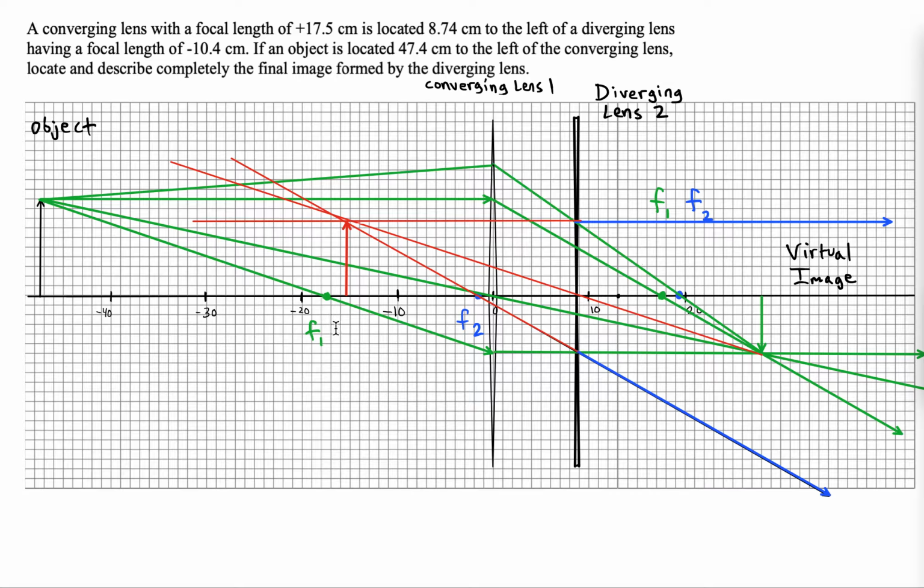All right, so yeah, we might be right about there with our final image. Let's see if I can straighten it out a little.